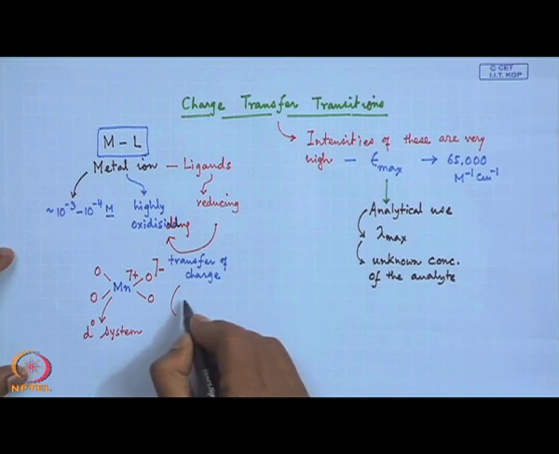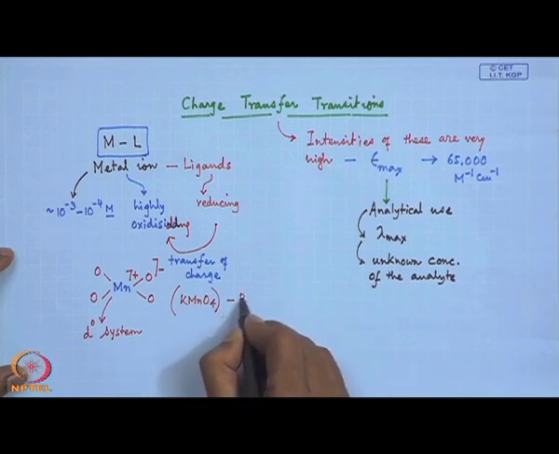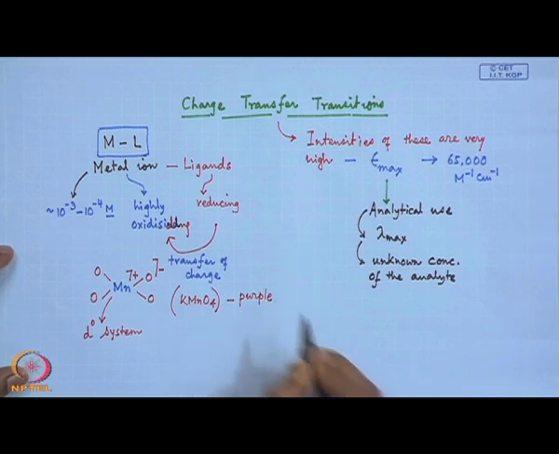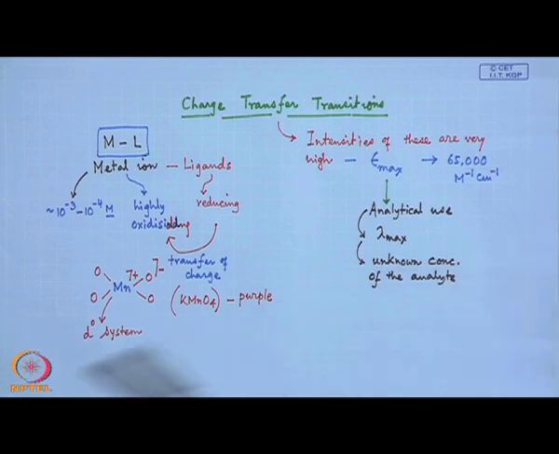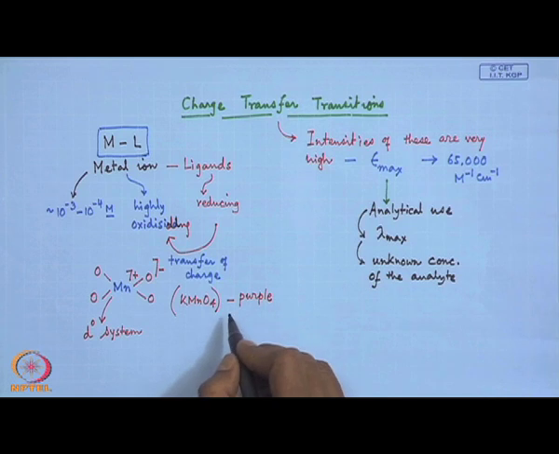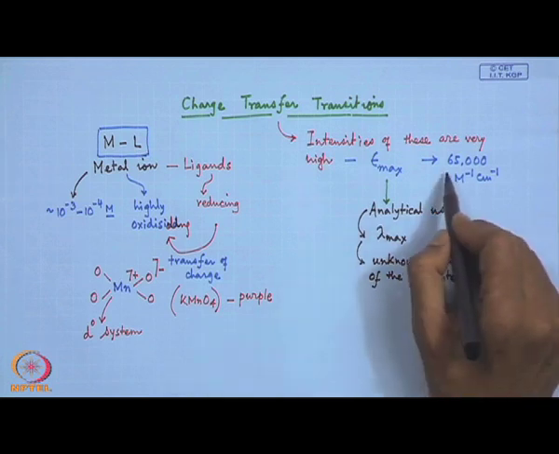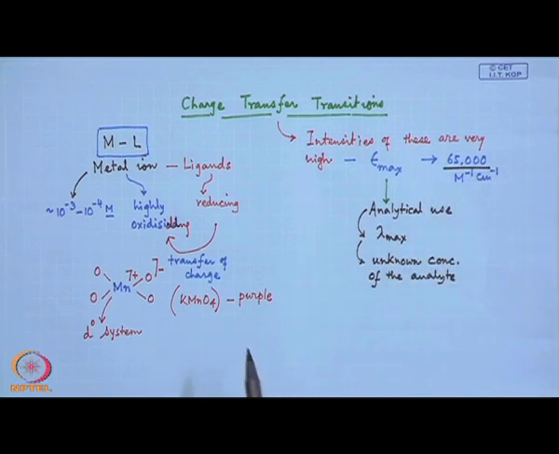This species is present in potassium permanganate, which is purple in color, and in the solid state it is also colored. If we take a sample of potassium permanganate, which is highly soluble in water, and measure the electronic spectrum, we find the characteristic absorbance with lambda max values, and the epsilon max is pretty high, in the order of several thousands.